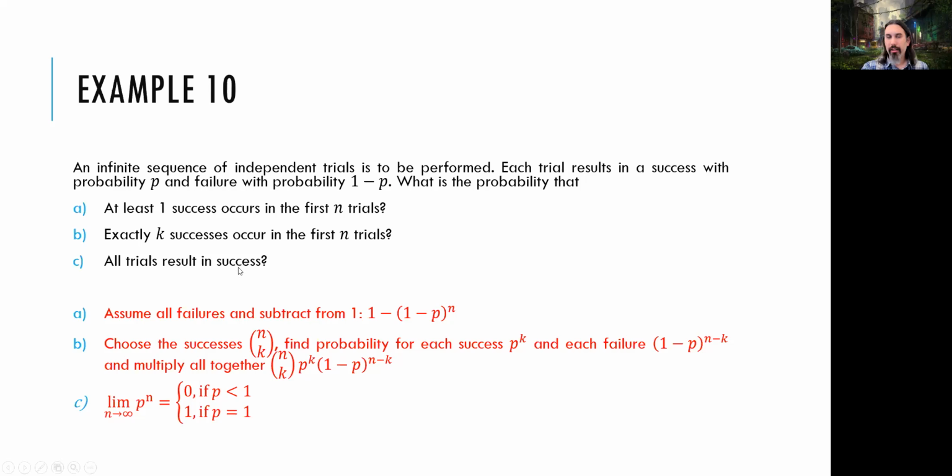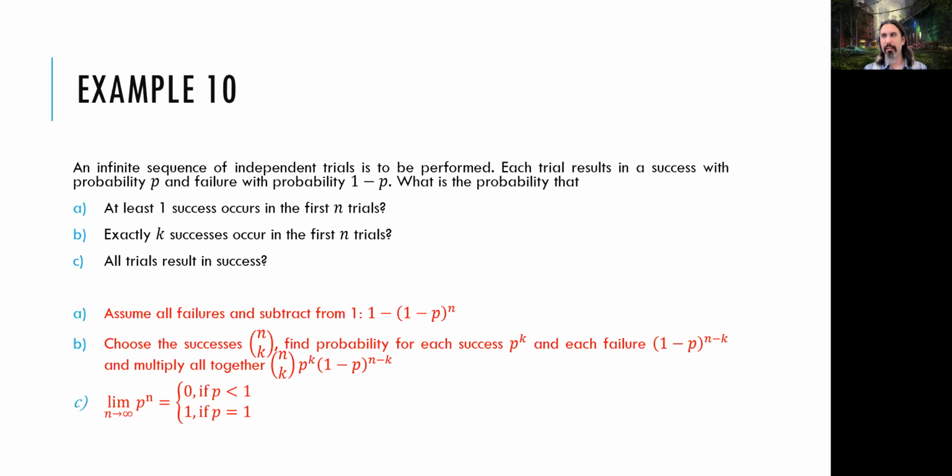And then the last one: all trials result in success, infinitely many trials resulting in success. When you say all trials, you're talking about the limit of n going to infinity. We know that each trial has a success probability of p, and this p can be multiplied with itself as many times as you want, and we want it multiplied infinitely many times.